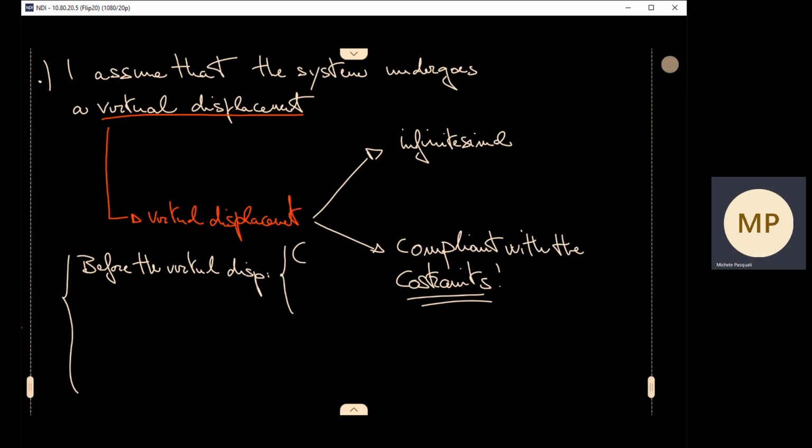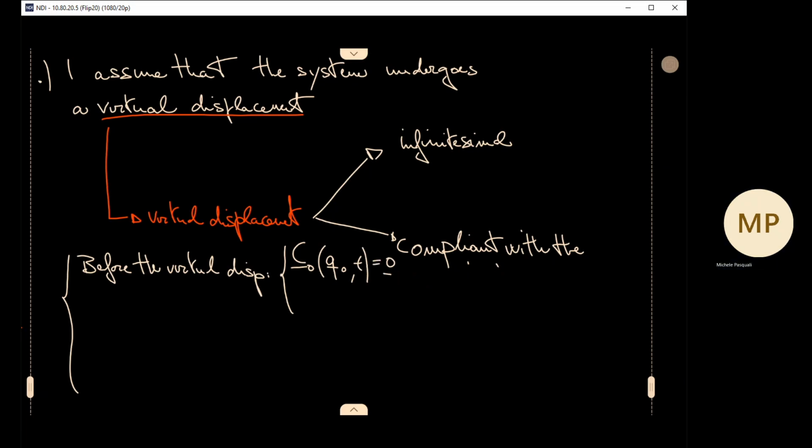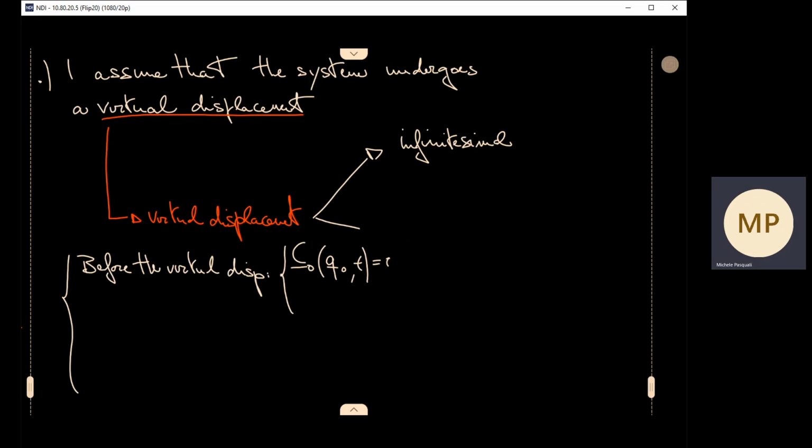C, which is again my vector of constraints, which is a function of our generalized parameters Q0 and time equal to 0.